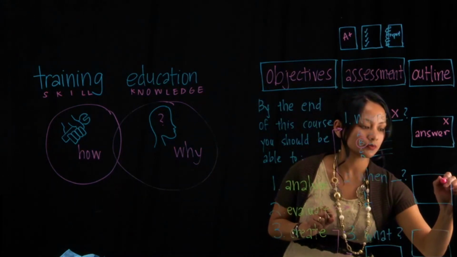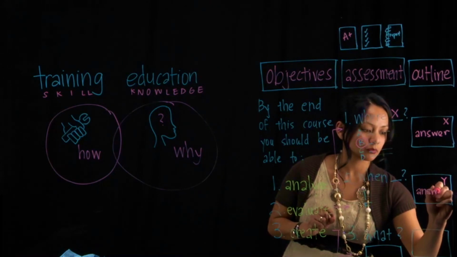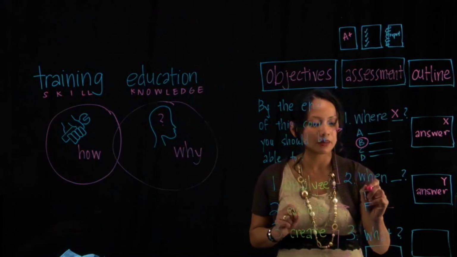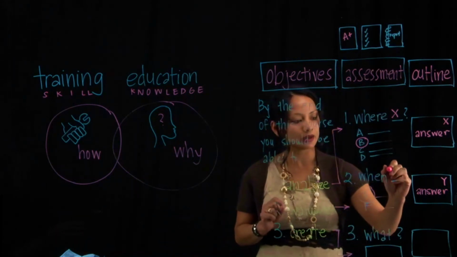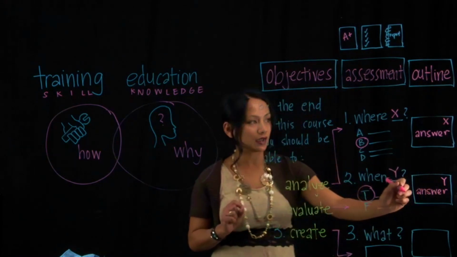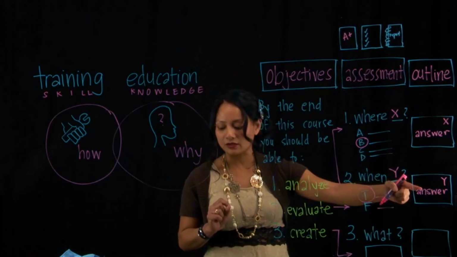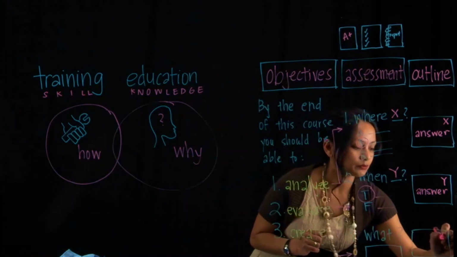Similarly, for some content related to what is represented by the symbol Y, I want to make sure that if I have an assessment question related to Y, I've identified in my outline of my content the answer to that subject related to Y, and so forth.